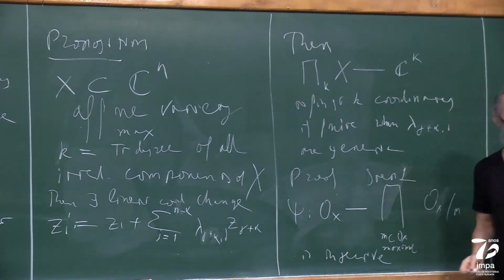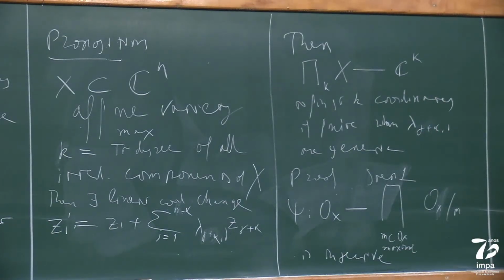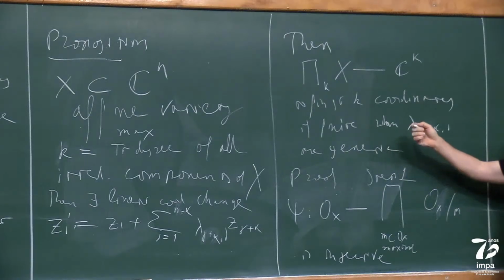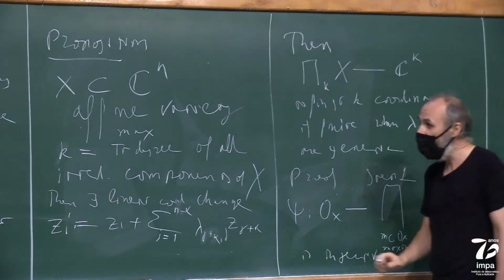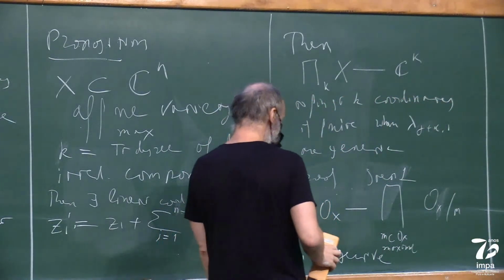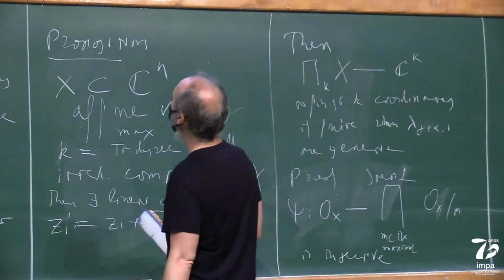This is something we have discussed. The intersection of all prime ideals is the radical, but in fact, from Hilbert's Nullstellensatz it follows that the intersection of all maximal ideals is the radical for finitely generated rings over C. So this makes sense, and it is an injective map.